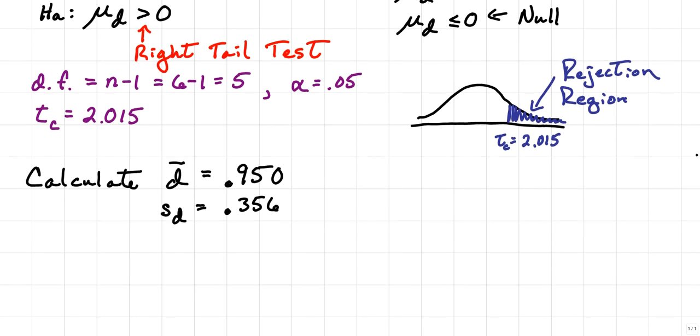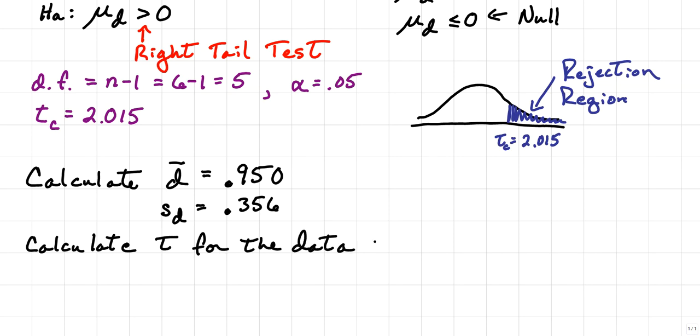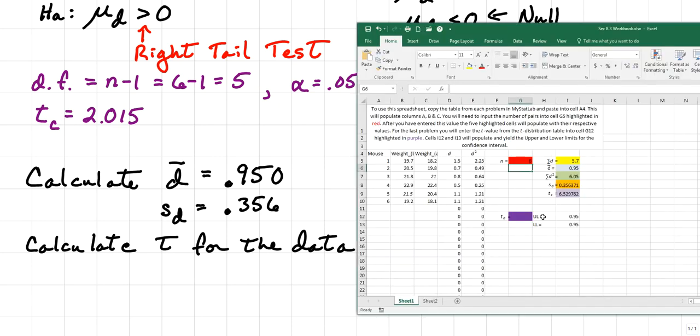Then you need to go ahead and calculate t for this data set. Well, once again, this spreadsheet has already calculated that for you, and that's going to be this value right here, 6.5297, and we're going to round that to 3 decimal places, so that will be 6.530.